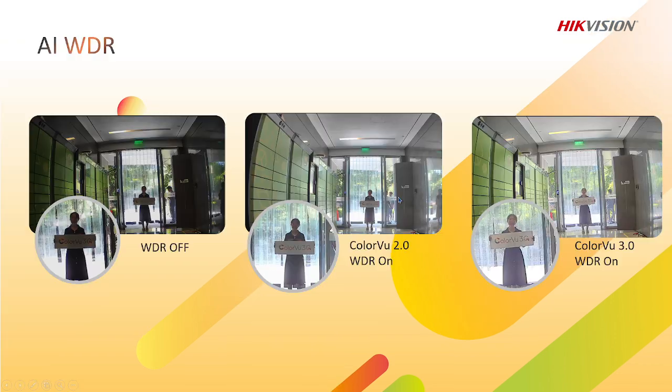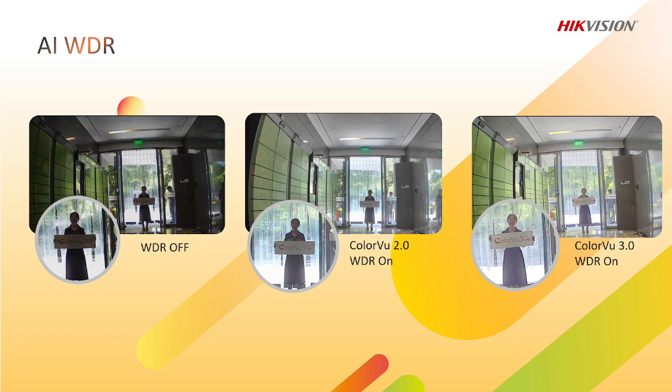Okay. Then now we have this other aspect, AI WDR. So we enhance wide dynamic range. What is wide dynamic range? This is the ability of the camera to suppress backlight and give you clear images even when it's really dark. You see, when you install a camera facing a window, for instance, you realize that the outside light will be too bright that you can't see anything.